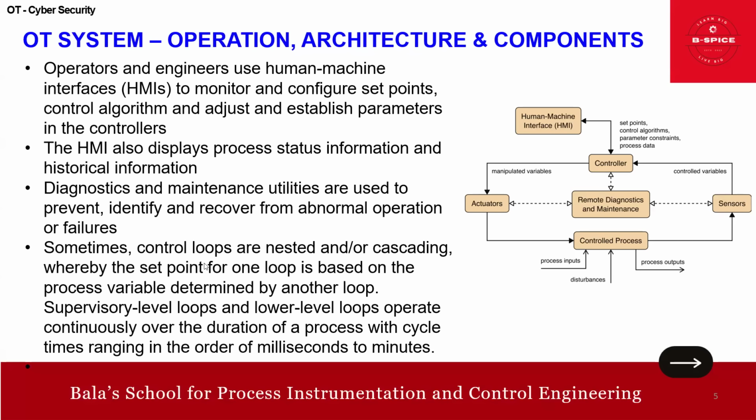Sometimes control loops are nested or cascaded, whereby the set point of one loop is based on the process variable determined by another loop. A typical example is the cascade loop. Supervisory level loops and lower level loops operate continuously over the duration of a process, with cycle timing ranging from milliseconds to minutes. So this is just to give you some basics.